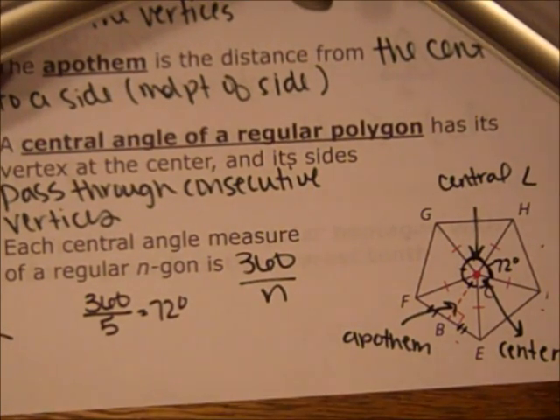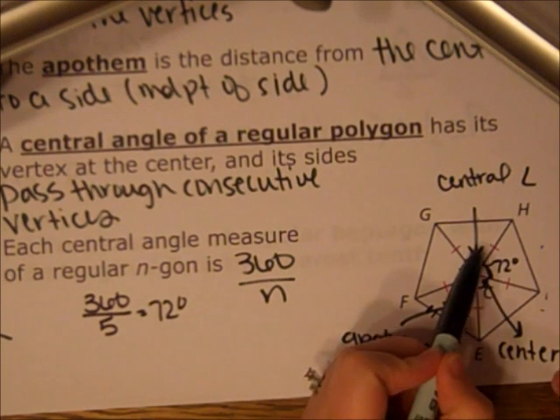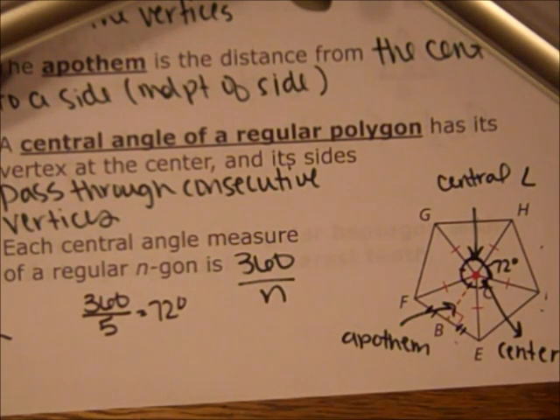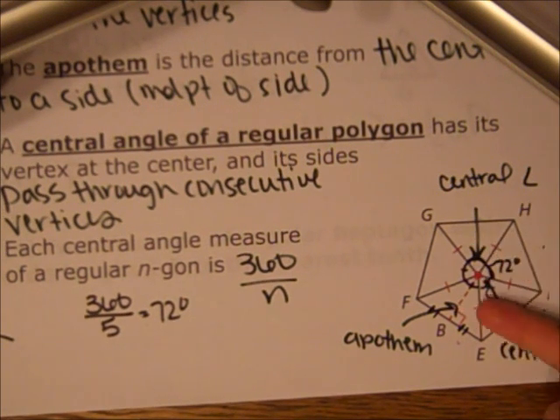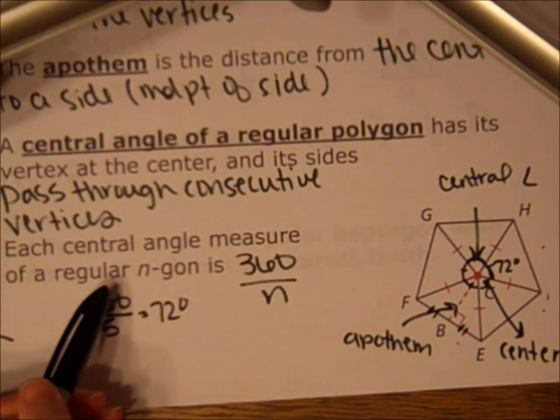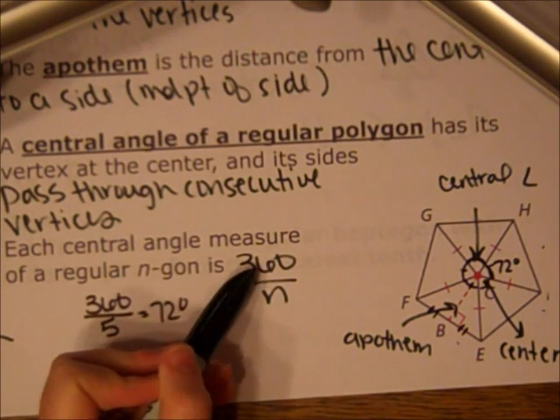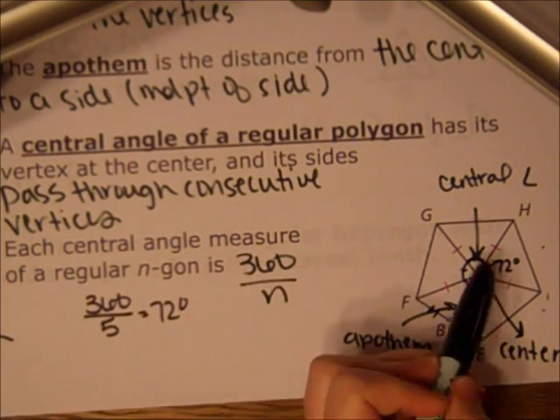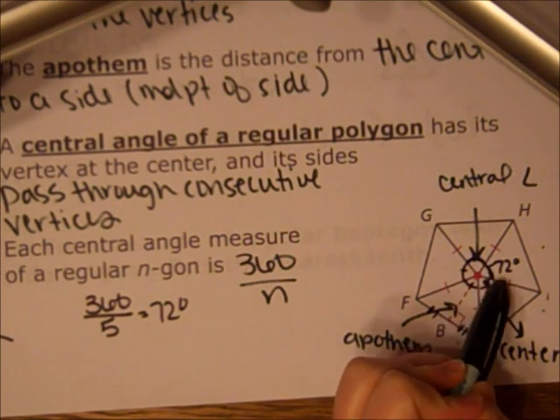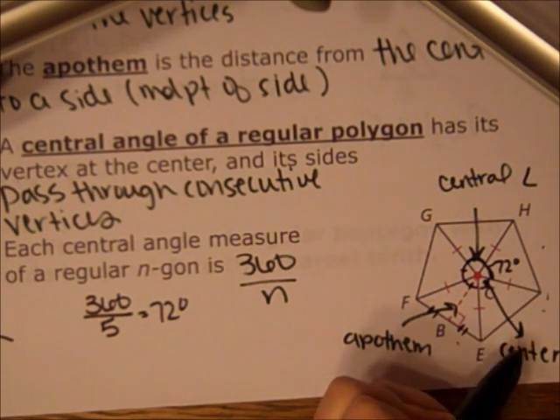Okay, so since this is a regular pentagon, there's going to be 5 central angles over here, and they're all going to be congruent because all of these baby triangles inside this pentagon are congruent. So how I find the measure of each central angle is the formula is 360 divided by n. That's because if you drew all 5 of them in, you would notice they would touch together and they would become a circle.